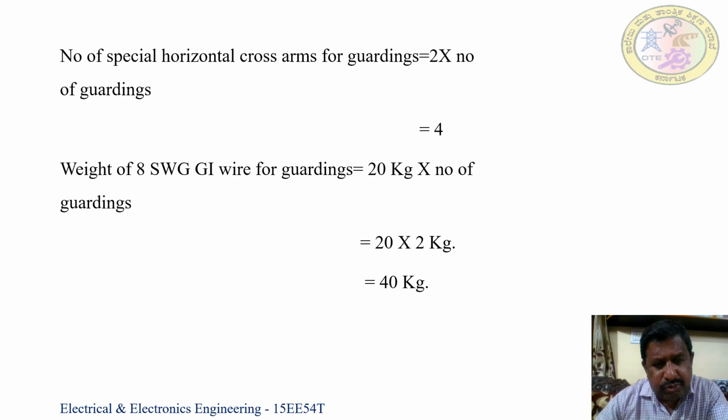Here a net is to be made from 8 SWG GI wire that is fixed to the horizontal cross arms for guarding purpose. So that is equal to 20 kgs into number of guardings. Here 20 kgs into 2 numbers. So that is total 40 kgs required.